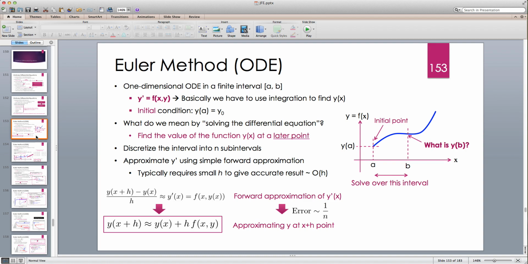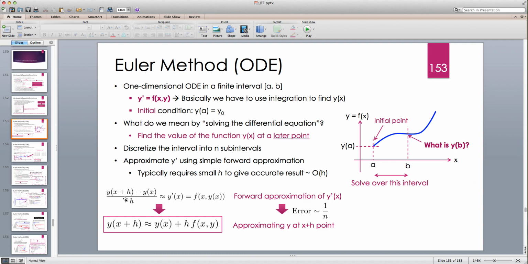Now, for the Euler method, we said that the idea is that I am given an initial value problem, so y of a equals y0. We can call a x0, the start point. When we say we want to solve the differential equation, it means we want to find the value of the function y at some later point. Let's call it b, y of b, if I know y of a.